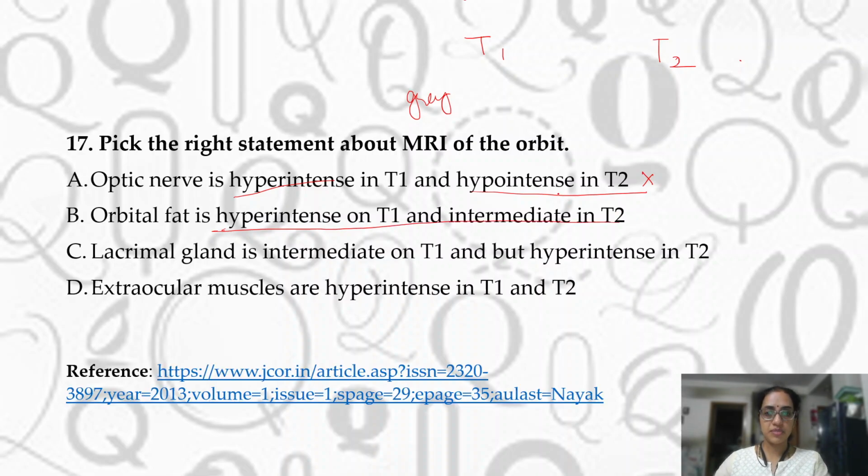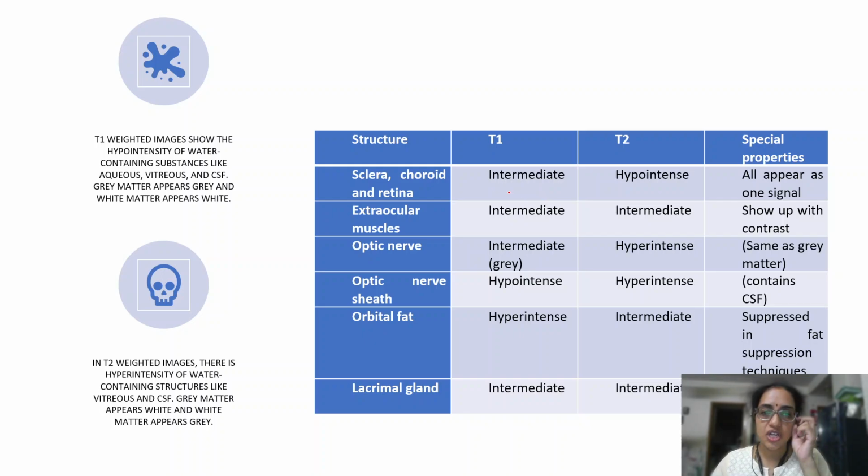So how do we remember all this? Let's look at a chart here. T1 images show the hypointensity of water containing substances like aqueous, vitreous, everything looks hypo or darker. Gray matter appears gray and white matter appears white. In T2, there is hyperintensity of water containing structures like vitreous, CSF, pus, blood, optic nerve sheath.